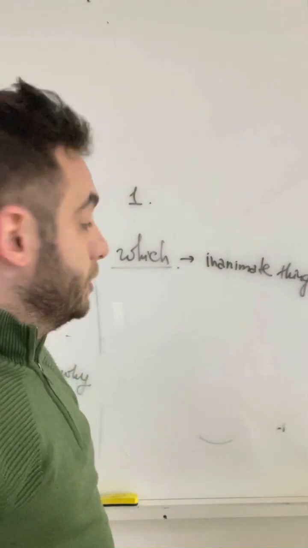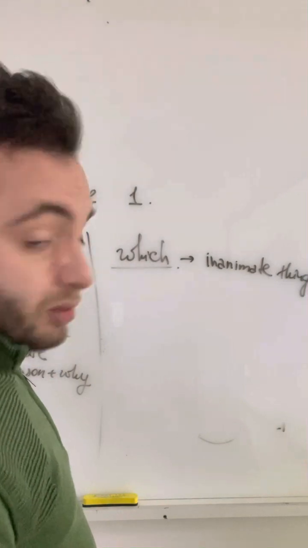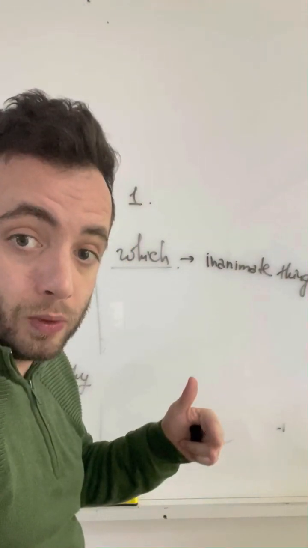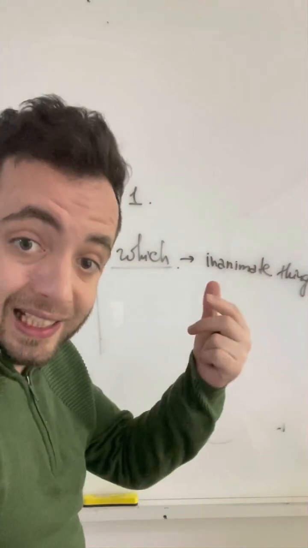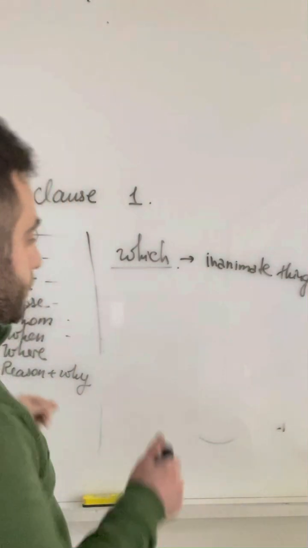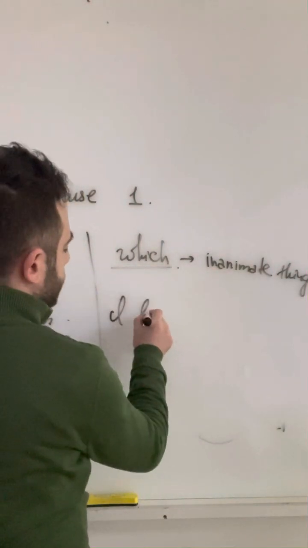We can just use it to paraphrase a relative pronoun as a reference to the noun in the previous sentence, to combine them. Let's look at the sentence. I bought a book.